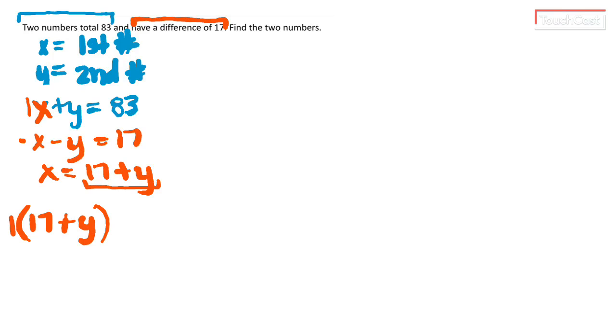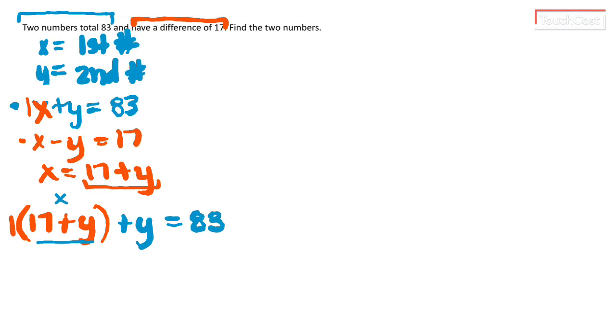It's a good idea to use those parentheses anyway. And then we need to add y, and that will be equivalent to 83. So that's just taking this first equation and plugging in for x, wherever I saw x to begin with. So this was my x.